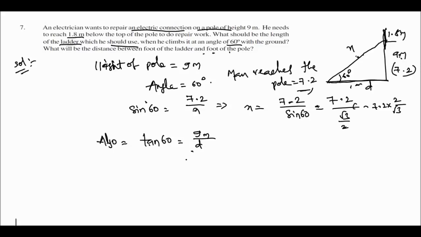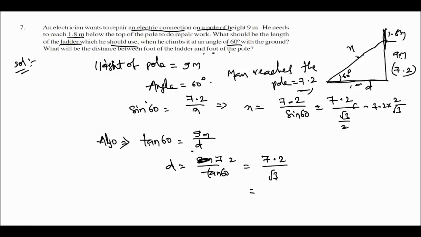So d is equal to, we take it as 7.2 divided by tan 60. Tan 60 is root 3.